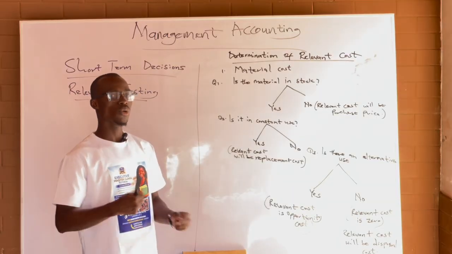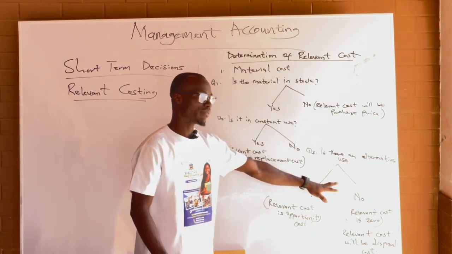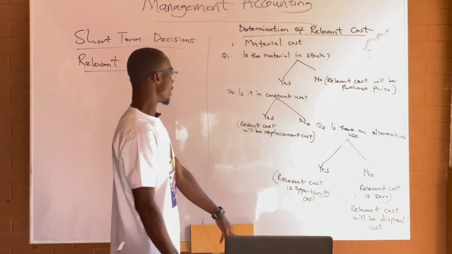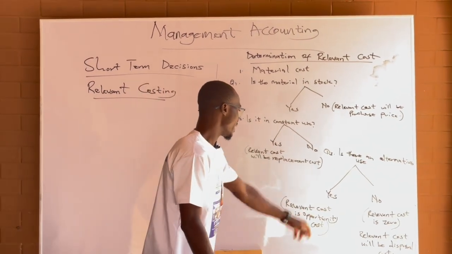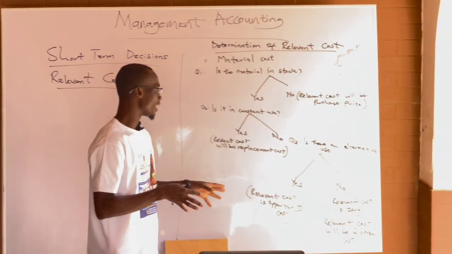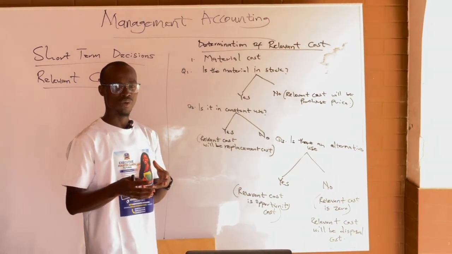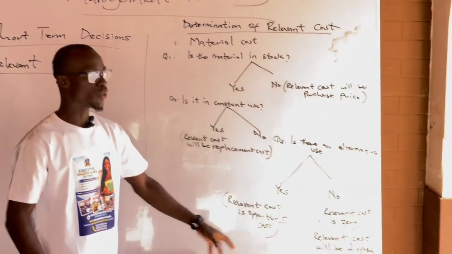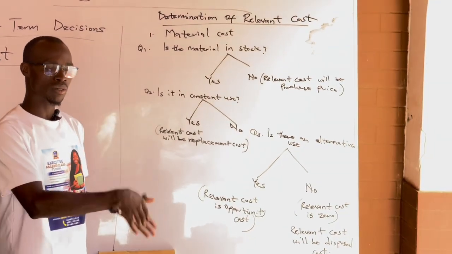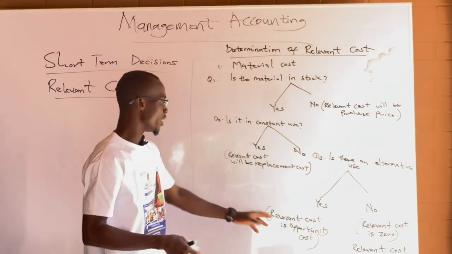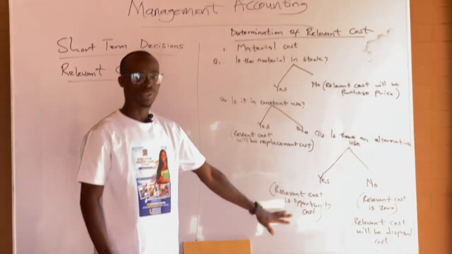But if you say no, then you ask yourself another question: is there an alternative use? If yes, then if you use it for this particular project, you are going to lose some revenue. We term that the opportunity cost, because you are forgoing the other use, so the relevant cost is the opportunity cost.